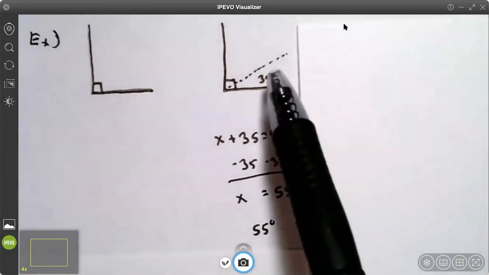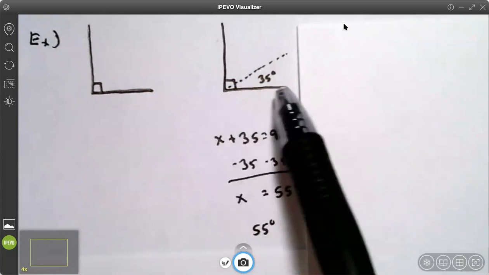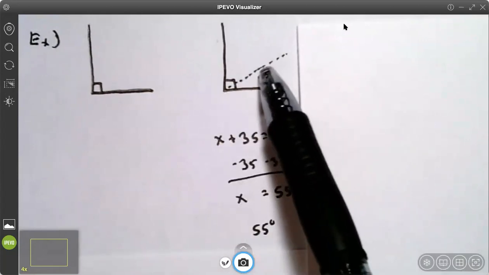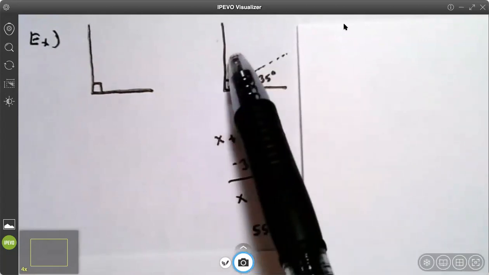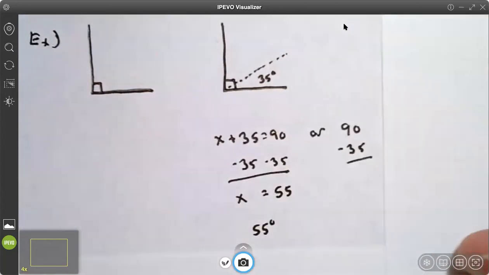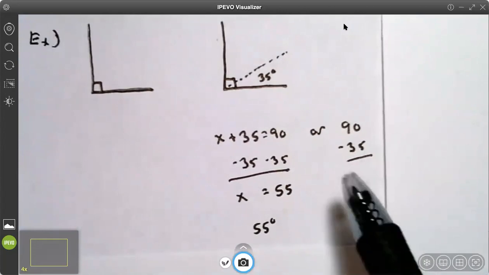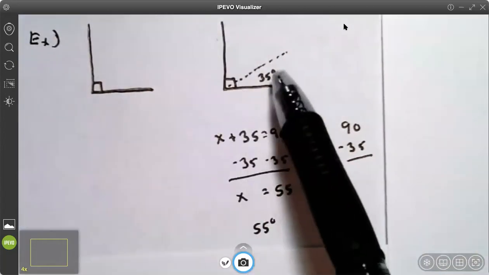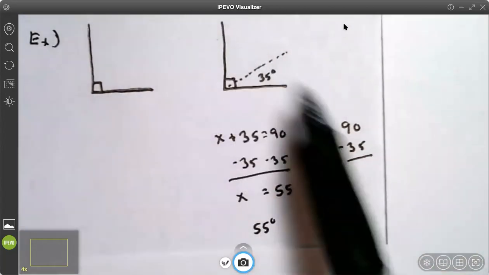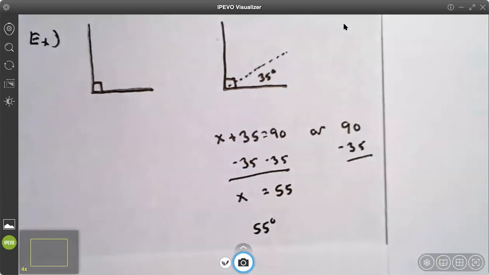You can just take your calculator and say, okay, the whole thing is 90, subtract this part of it, 35, and what's left over will be this part. So in your calculator or on your paper or in your head, you could just say 90 degrees minus 35 equals 55 degrees. 90 minus 35 in your calculator would be fine.